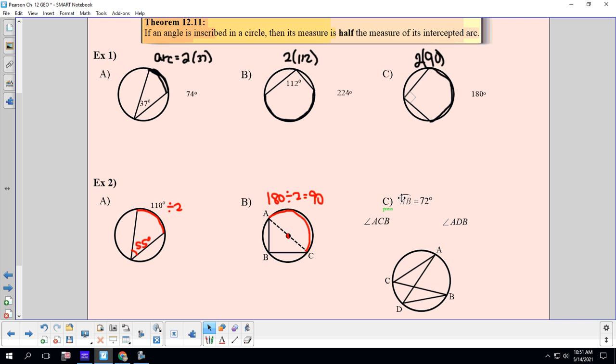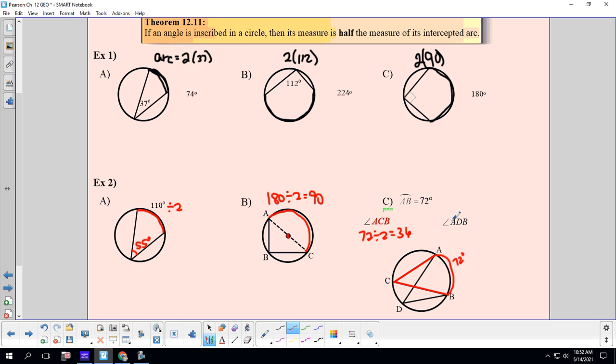And watch this one here. If arc AB is 72, so from here to here is 72, it's our arc measure, what is the inscribed angle ACB? It's going to be half of 72, so it's going to be 36.